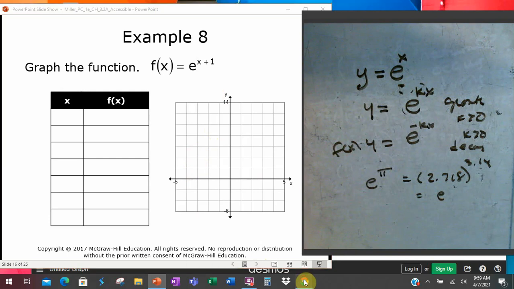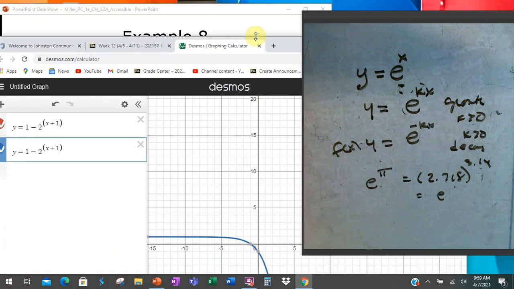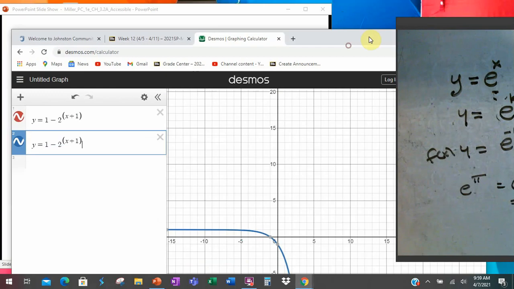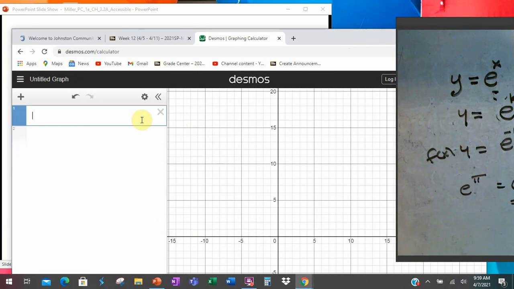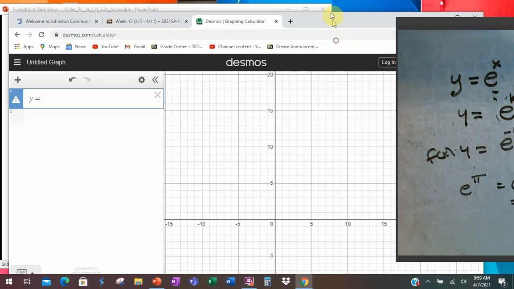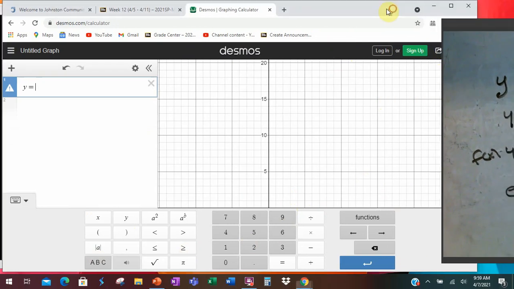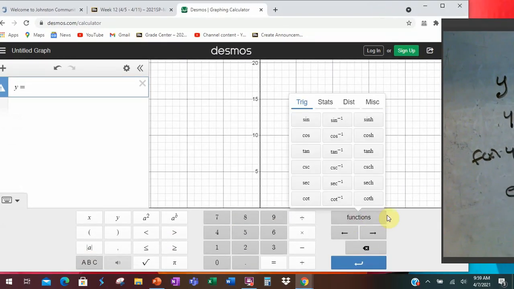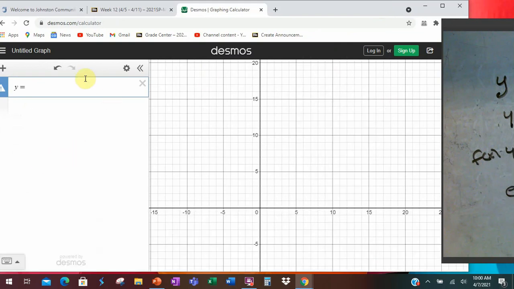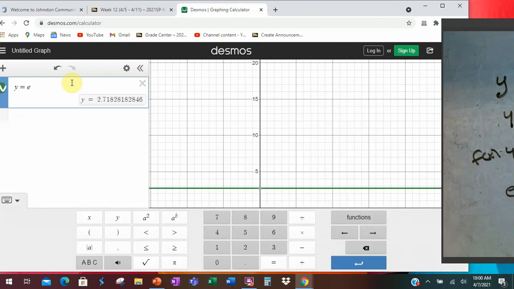Graphing the graph of e to the x, let's go over here. There's no surprises once we understand that it is just a base raised to a power. So y is equal to, let me see if I can do my symbols. I should have an e in here. Let's see if it's in there. No. They understand e, so they just left it out of there.